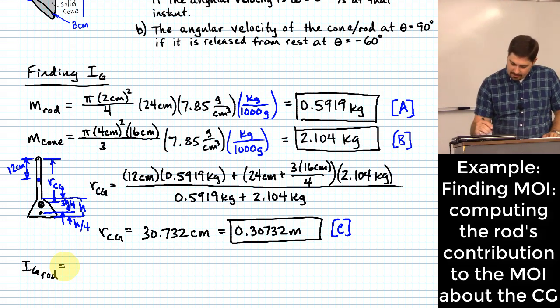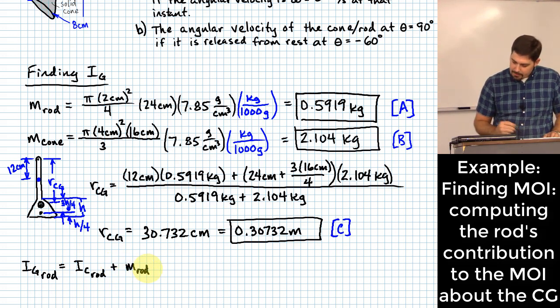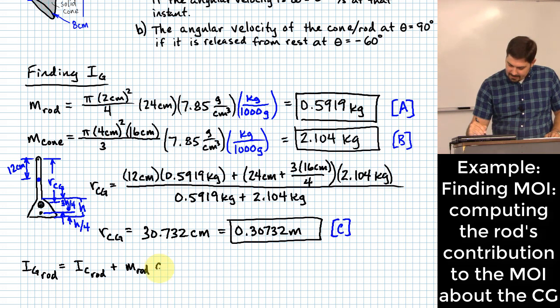Okay, and I'll call that IC. Plus, what we want to do is take the mass of the rod and multiply it by the distance between these two locations squared. Okay, that one I don't know of a great way to denote that, but basically maybe I'll call it DGC or something like that, right? Squared.